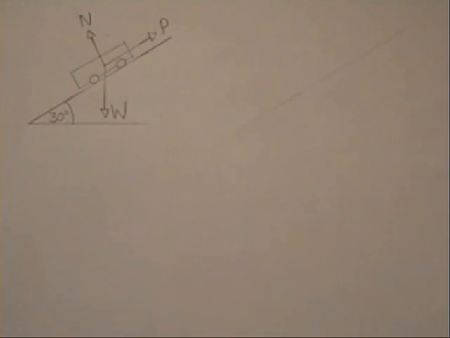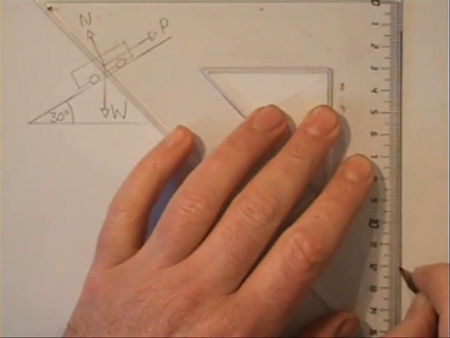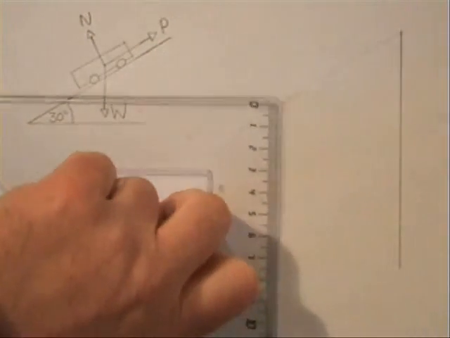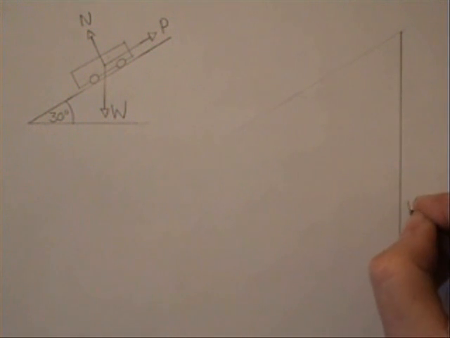It can cause confusion if we mix up pictures of real objects such as the trolley with vector diagrams, so I'm going to draw a separate vector diagram to show the force W. This arrow represents the weight W. I haven't drawn it to scale because I'm going to use trigonometry rather than measurement to find the values of the components.